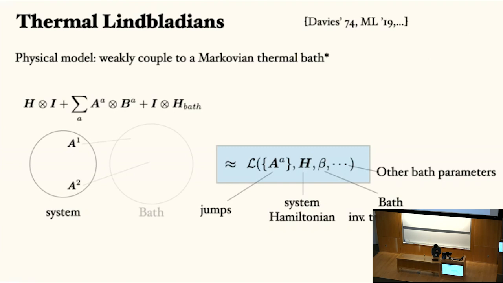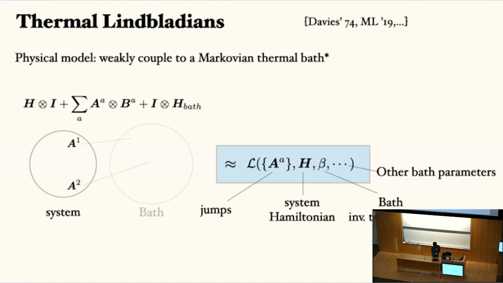So you see that your Hamiltonian is going to look like this. You have a system Hamiltonian, a bath Hamiltonian, and there's some coupling, and these A's are so-called jump operators acting on the system. There's a pretty remarkable and nice derivation from Davies, 50 years ago.